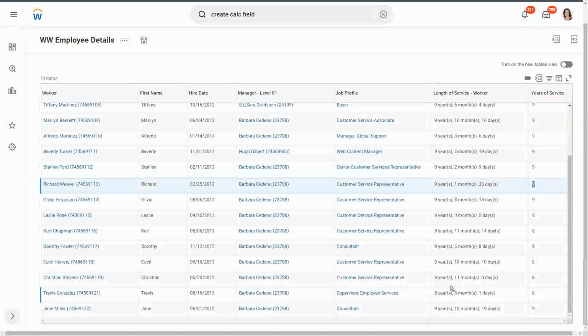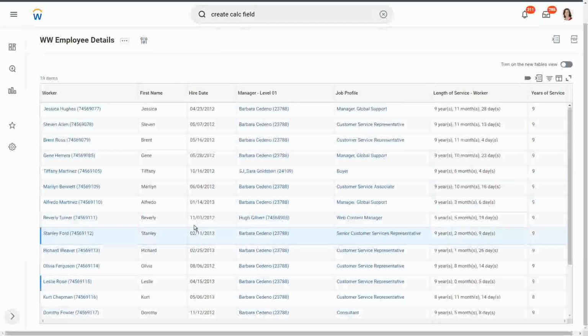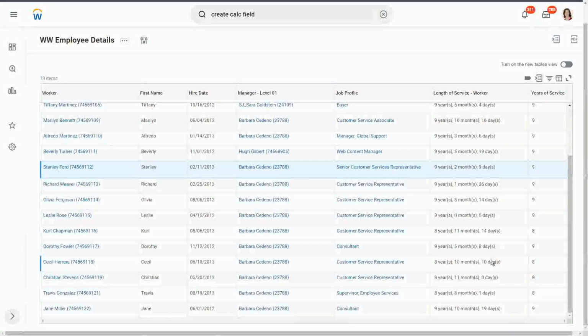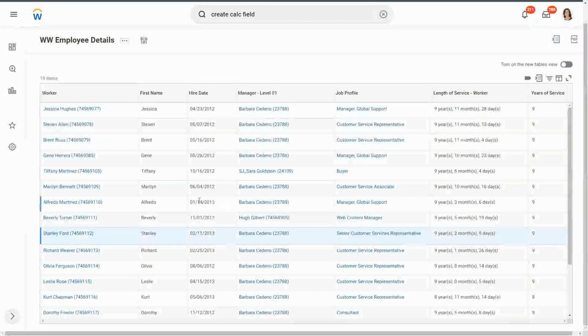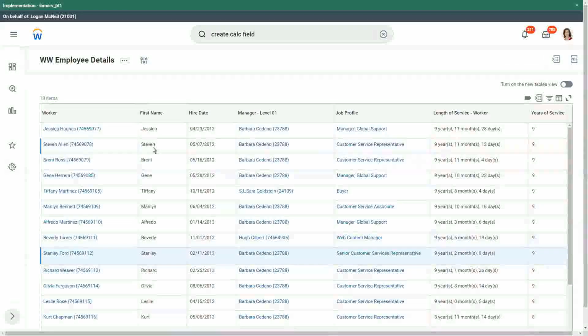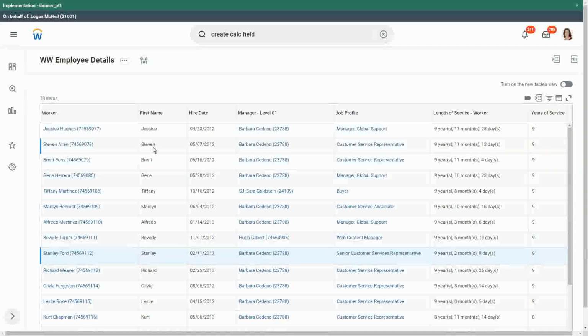9 years. 8 years 11 months. 8 years. Looks okay, isn't it? 8 and 9. Only 8 and 9. Nobody else. What happened to Logan? Logan has 22 years.